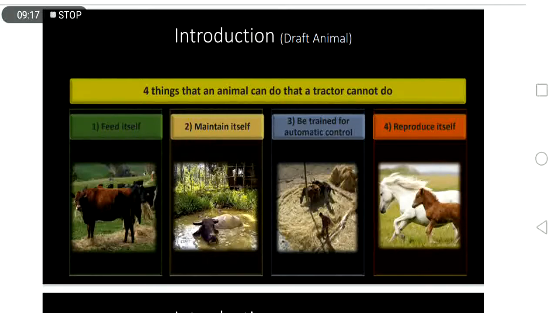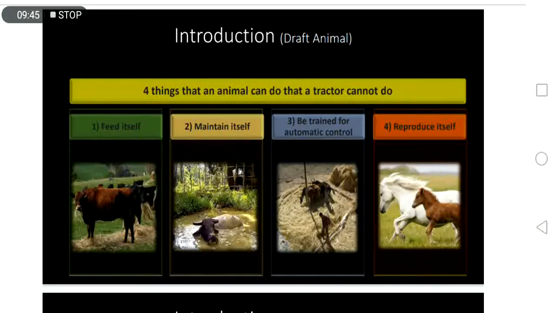While the draft animals can eat by themselves. You don't need to put in extra effort just to feed them. And number two is that they can maintain themselves.